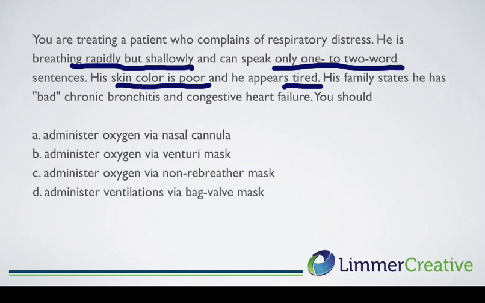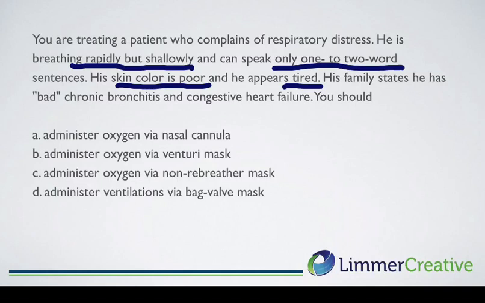And 1 to 2 word sentences, that's pretty fast. I think I can tell you and that's it. They can only bring enough breath in and get enough breath out to put 1 or 2 words out, right? And that's bad. Now, what really puts icing on this is that his skin color is poor. Okay, and you see that pale skin color. It might be moist, and he appears tired.